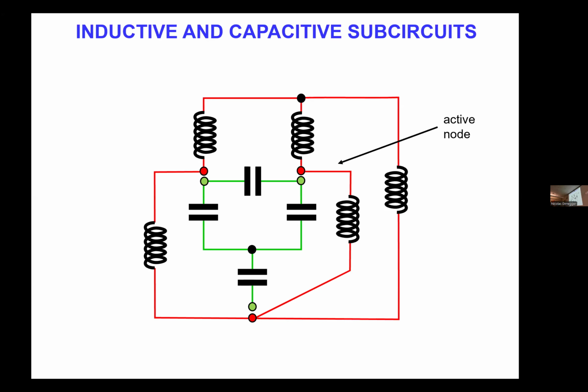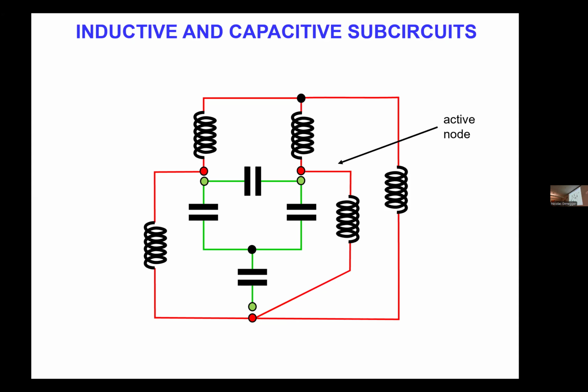So what you do is you separate 2 networks. You separate the network of inductances, which is the red network. And then you separate out the capacitive network, which is in green here. As you can see, the 2 subnetworks are linked at what is called the active node, and I have taken all the active nodes and separated them into 2 subnodes, but in fact they are connected here.